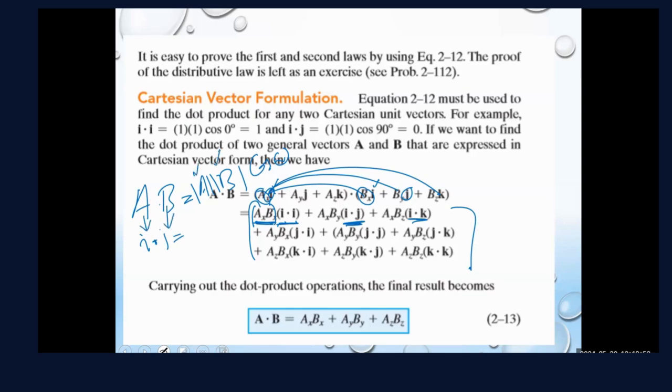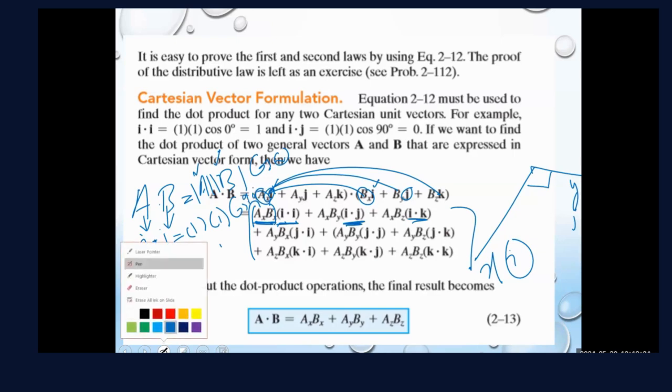Unit vectors have a magnitude of 1. So i's magnitude is 1, j's magnitude is 1, and what is the angle between them? The x-axis is with the i unit vector, and the y-axis is with the j unit vector. What is the angle? 90. What is cos 90? Just check. It is 0, right?